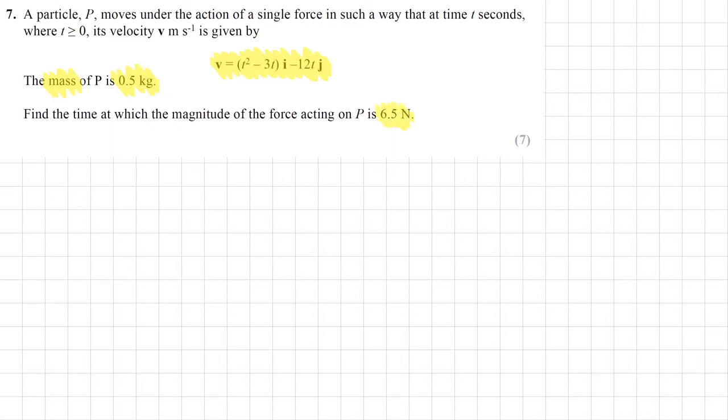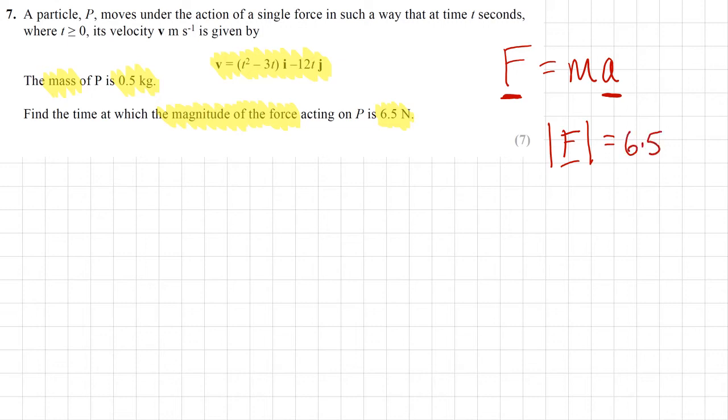Okay, so anytime you see a question and you've got a mass and it's talking about a force, you know that's going to be F is equal to ma. We've got vectors, so the force is going to be a vector and the acceleration is going to be a vector, and this question says here that the size or the modulus of that force is 6.5 newtons. So the first thing we want to do is to find the acceleration, and we get the acceleration by differentiating the velocity with respect to t.